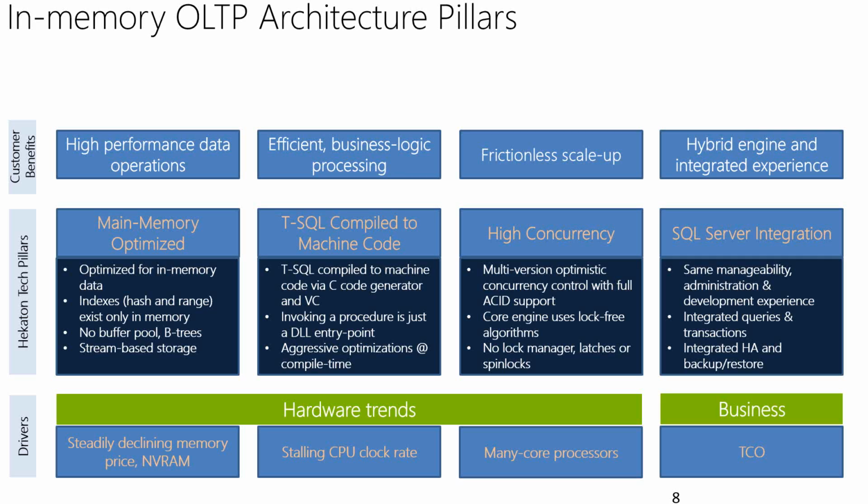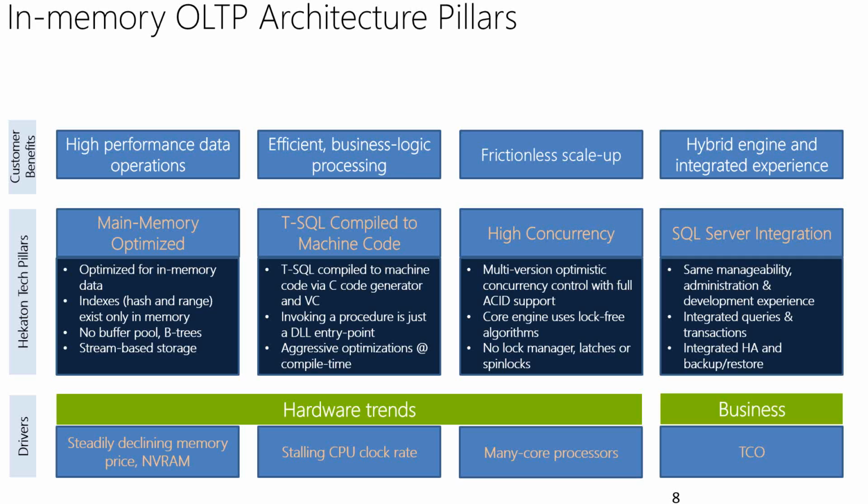And then we have the features that we built into this product in order to realize those benefits and recognize those trends. So going left to right, we have the hardware trend of steadily declining memory price and increasing capacity in a commodity server, and the customer benefit of high-performance data operations.